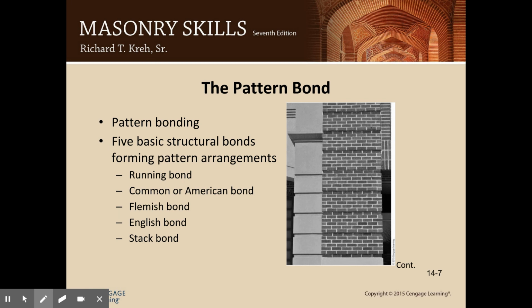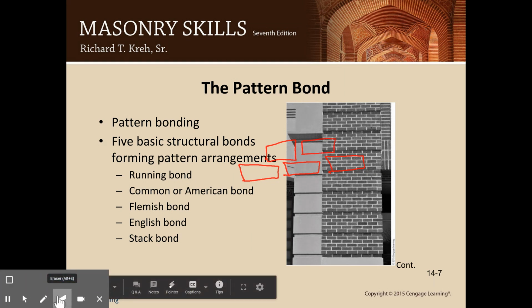A running bond, in this case, is what I talked about before, where you have your bricks laid out, and then you just try to lap them halfway over each joint. That is what your running bond looks like.